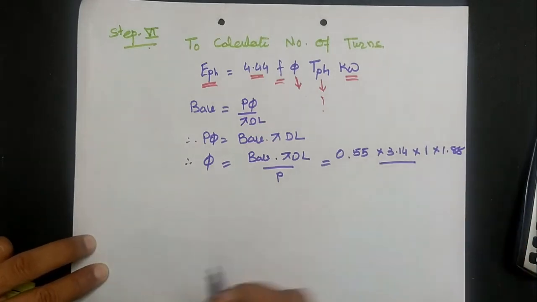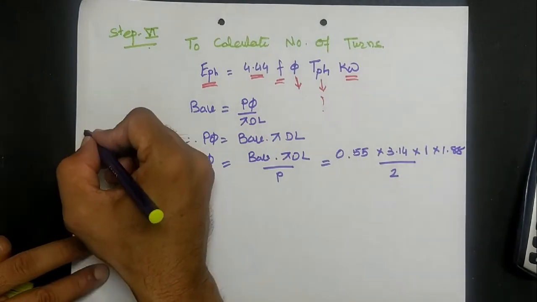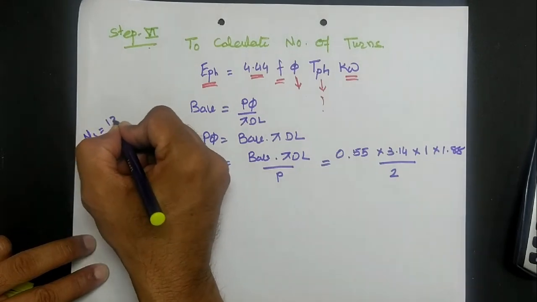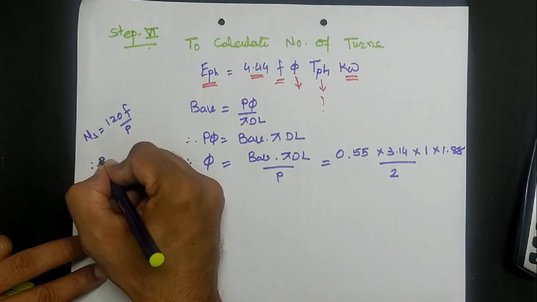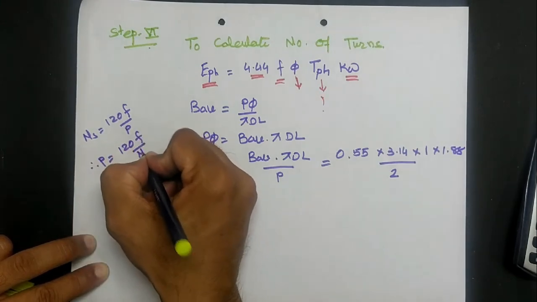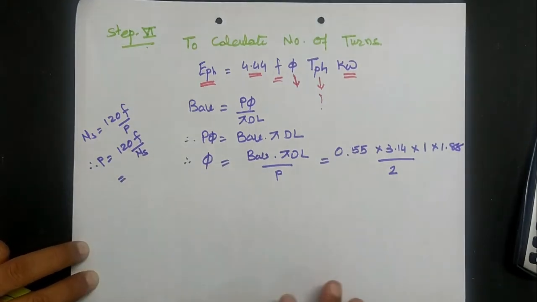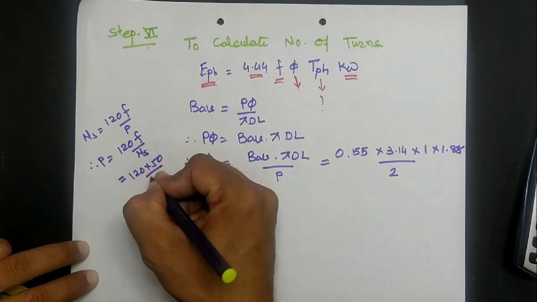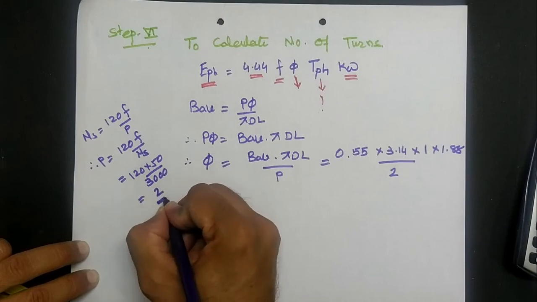And for number of poles, speed is given. So we have speed Ns equal to 120 f by P, and therefore P is equal to 120 f by Ns. So that is 120 multiplied by 50 and divided by 3000. So ultimately it comes to 2.